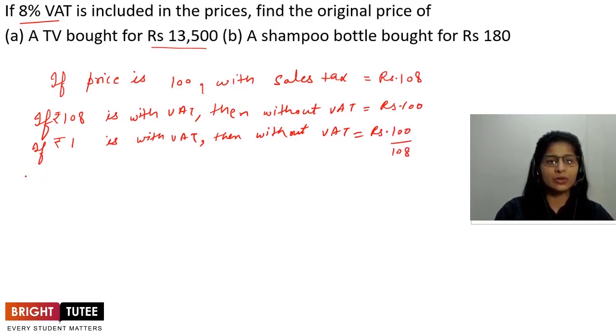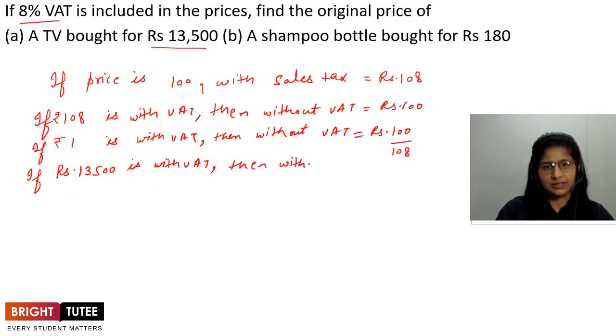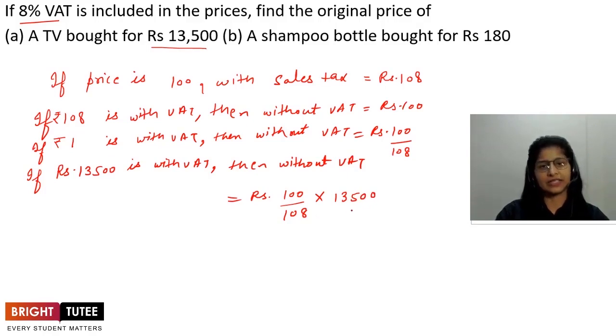So what we have to calculate, we know rupees 13,500 is with VAT, then without VAT, if we have to calculate, so without VAT it will be rupees 100 upon 108 multiplied with 13,500. This is the amount which includes 8% of the VAT.